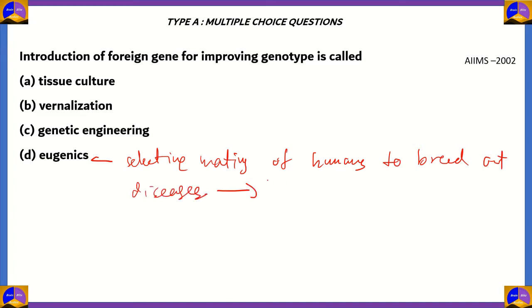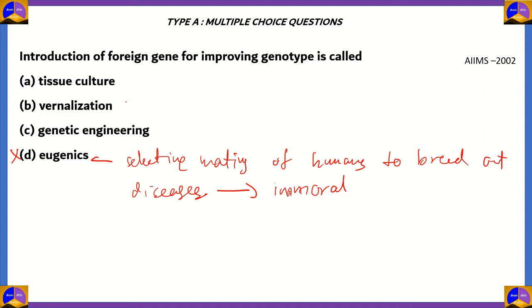This policy and this study of eugenics is deemed as immoral because a lot of discrimination and other horrific incidents happened in the name of eugenics. So option D is incorrect.